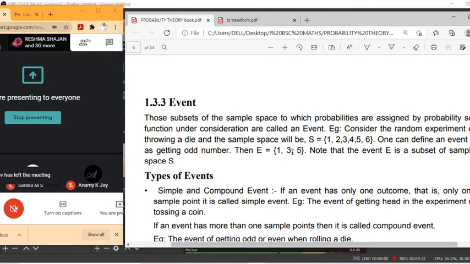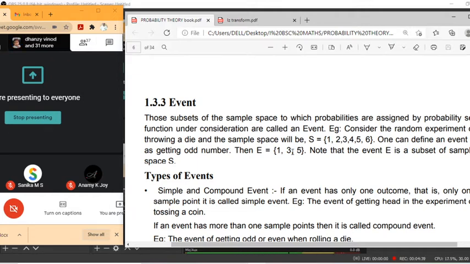So that chance is called probability, and we can assign probability to particular sample points as well as events. Okay, we shall see some problems in coming classes so that you can understand the concept in detail. So we have to assign chances or probabilities to sample points or events.